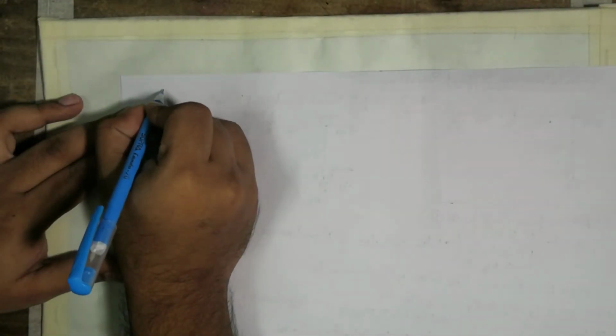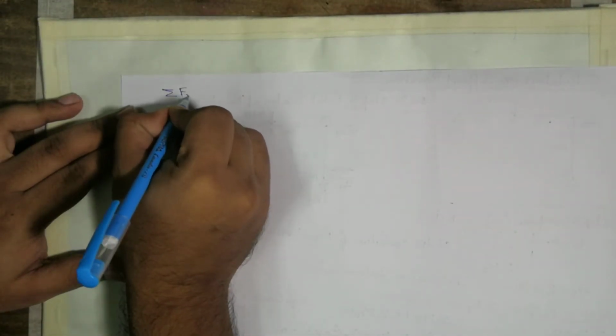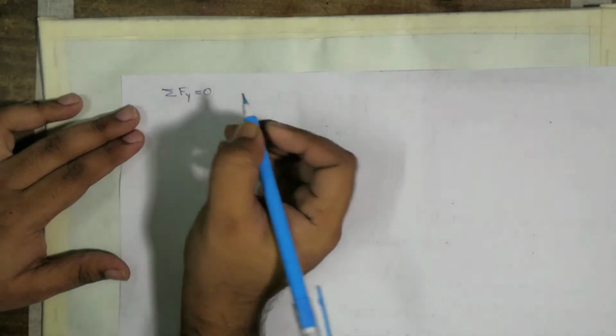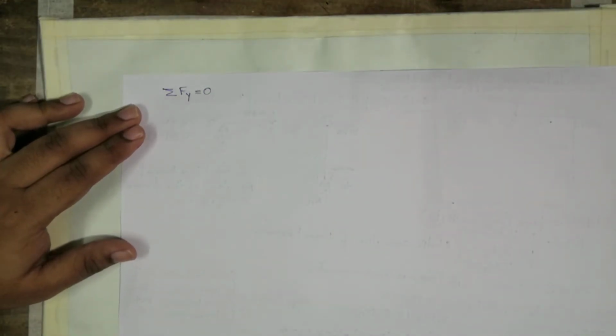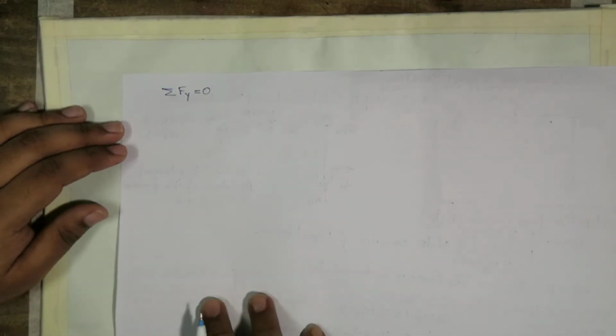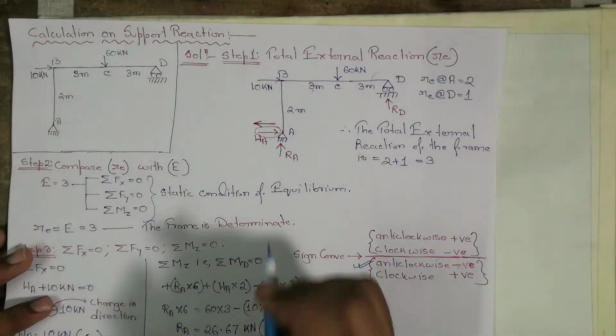Now there is another equilibrium equation, that is summation of Fy equal to 0. Summation of all the forces acting along the y direction, that is the vertical direction, is 0. Now, what are those? Let us see.